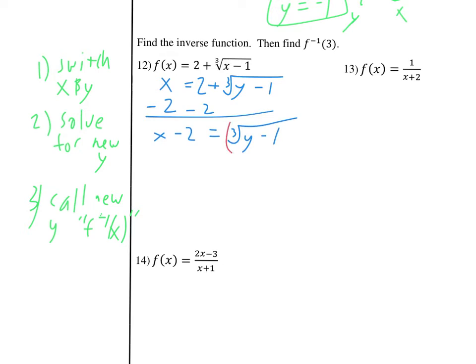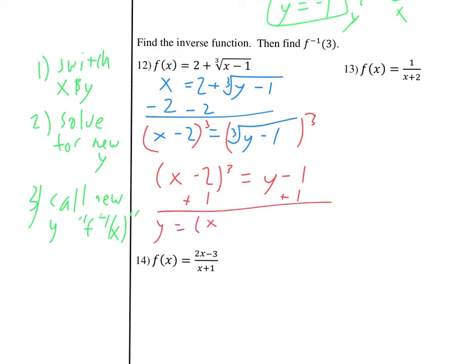And then I'm going to cube both sides. So I get x minus 2 cubed equals y minus 1. And I'm going to add 1 over here. I'm going to go ahead and put the y over on this side and call it x minus 2 to the third power plus 1. Remember, we're not allowed to send this third power in there because of the subtracting.